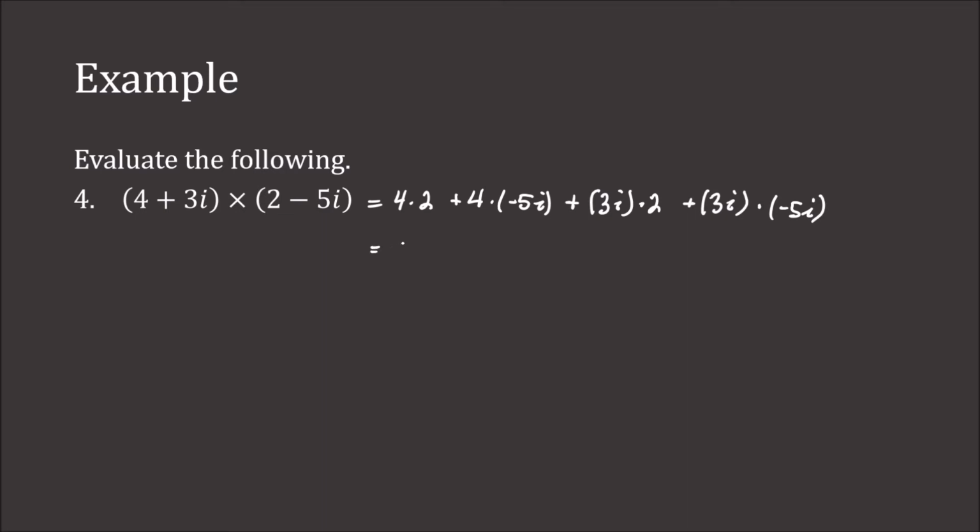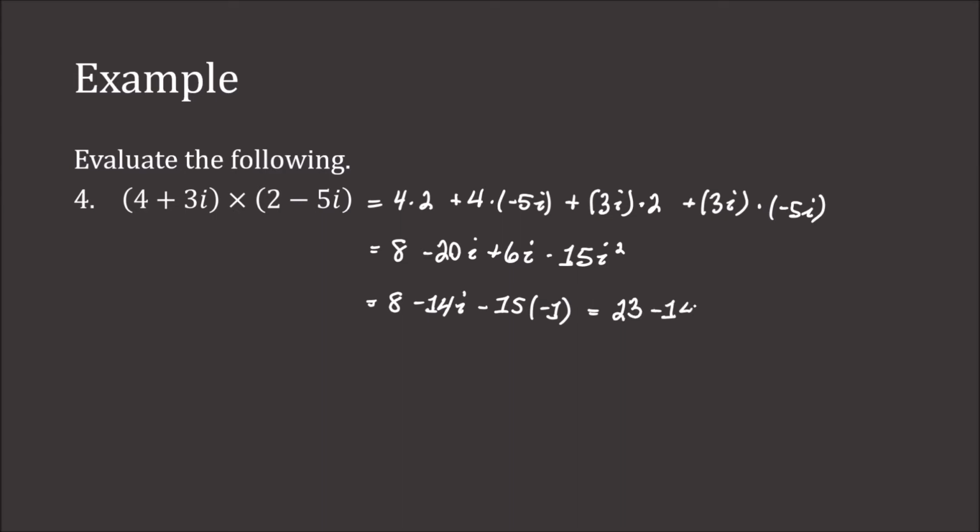Right, so we'll have 8 minus 20i plus 6i minus 15i squared. So we have negative 20 plus 6 is minus 14i. Then we have minus 15 times i squared, and i squared, remember, is minus 1. So this actually becomes 8 plus 15, which is 23, minus 14i.